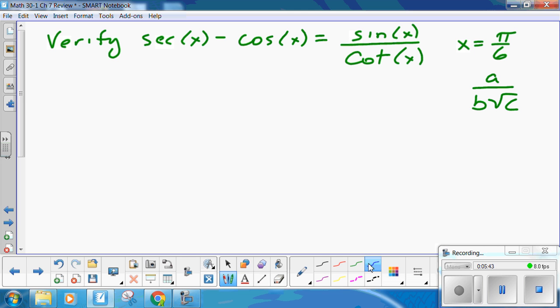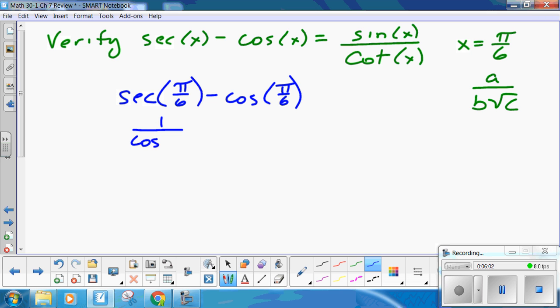Well, here it's either left side or right side. It doesn't matter which one you do. So it's going to be secant of pi over 6 minus cos of pi over 6. I'm going to do the left side. I'll do the right side in a moment. Now, secant is 1 over cos.